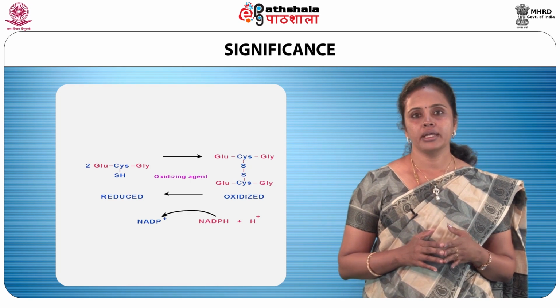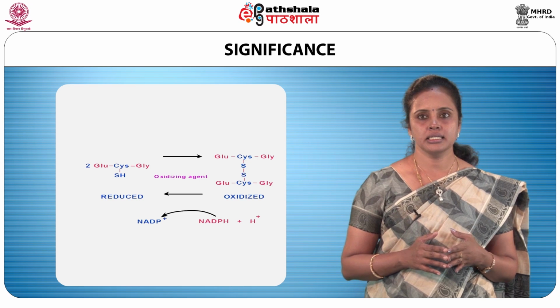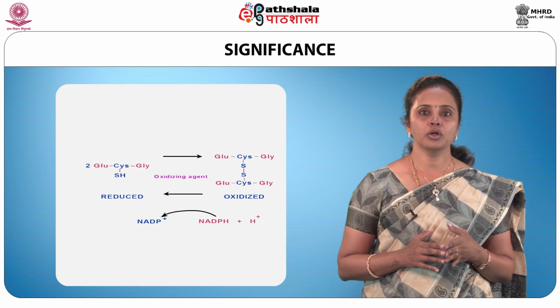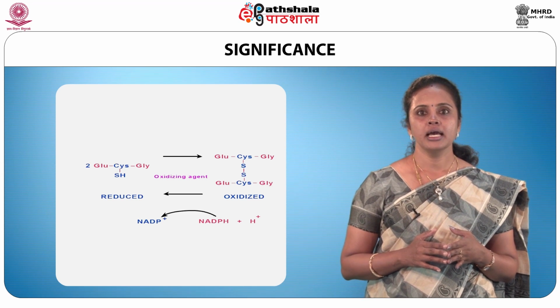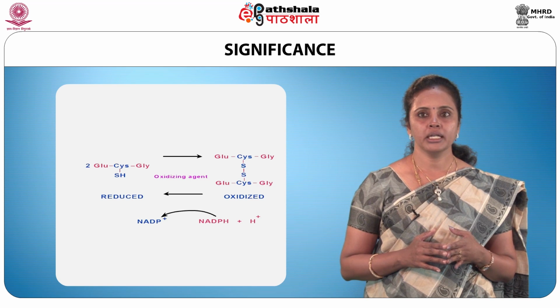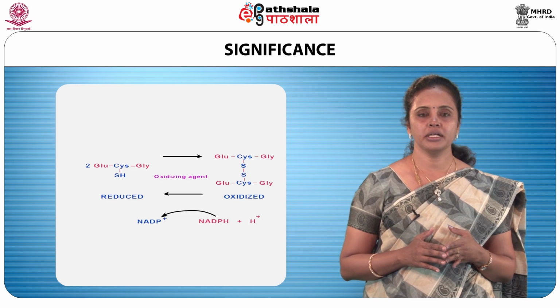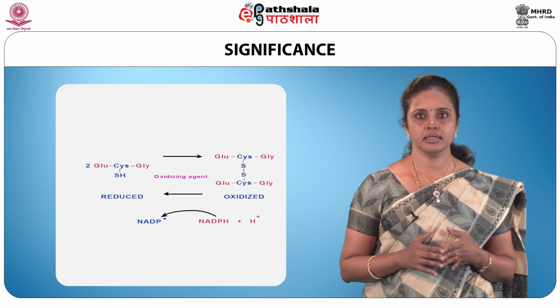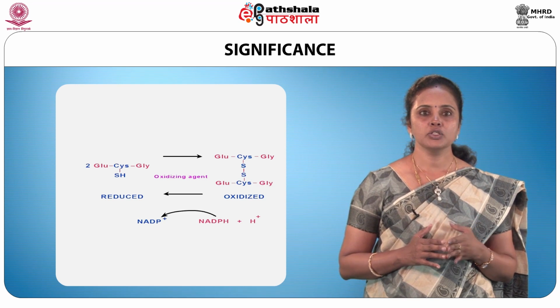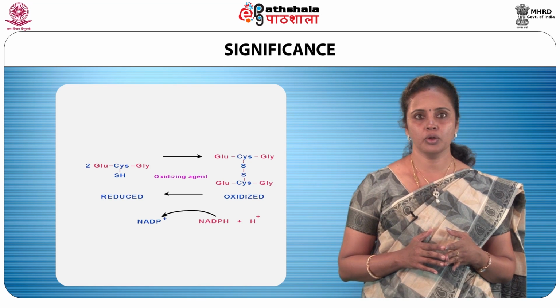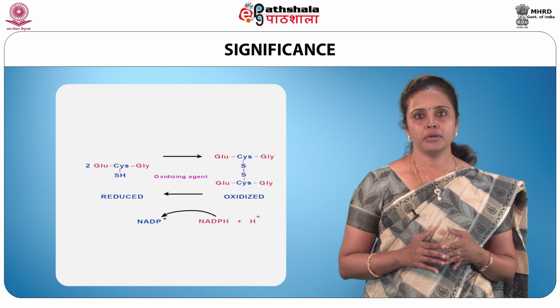The second role of NADPH in red blood cells is associated with hemoglobin. Oxygen tends to oxidize the hemoglobin iron from the +2 oxidation state to the more stable +3 oxidation state. As a result, this leads to the formation of methemoglobin. This is problematic.